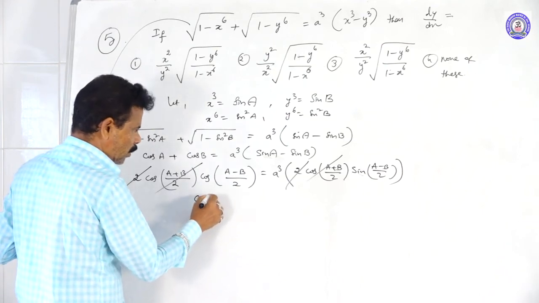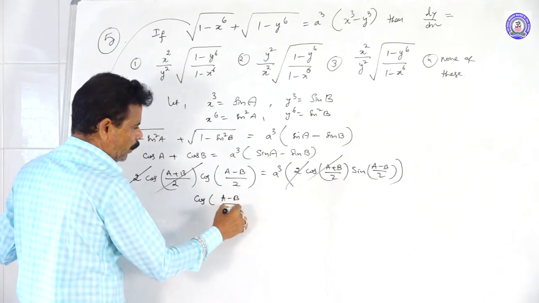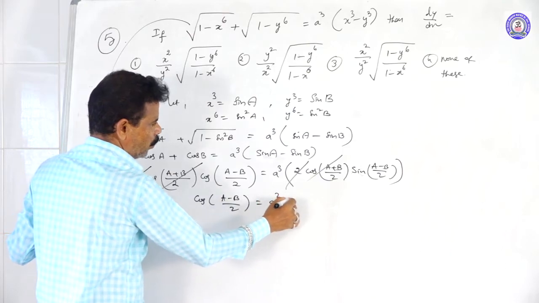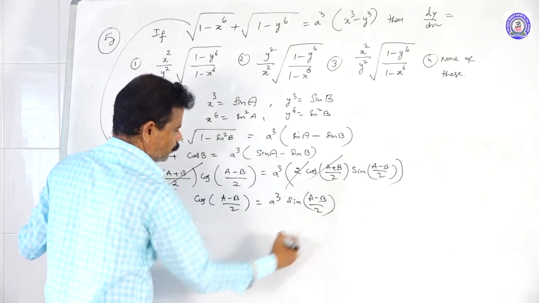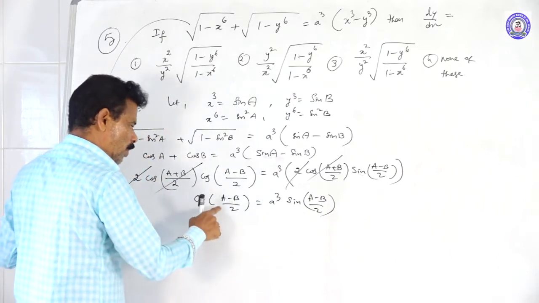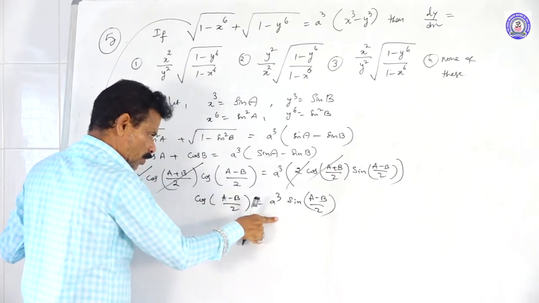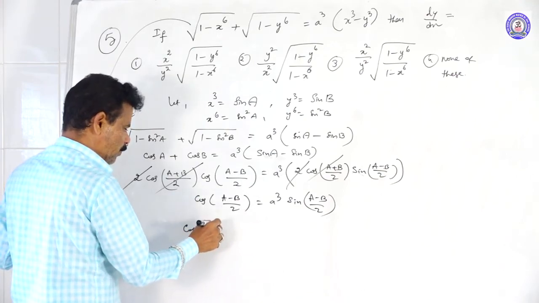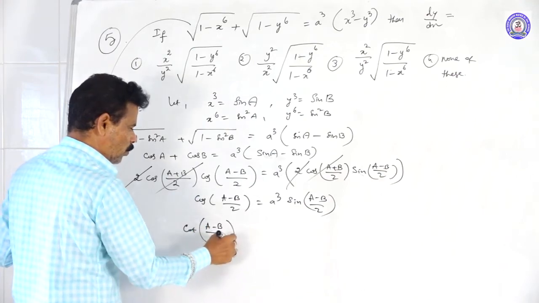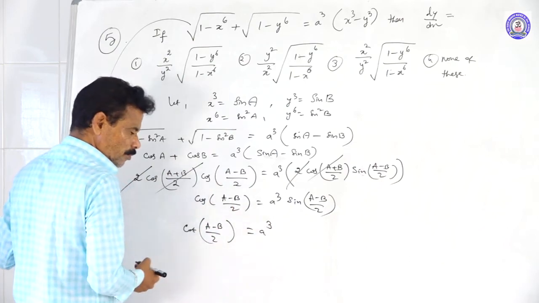So remaining cos of a minus b by 2 is equal to a cube into sin of a minus b by 2. Taking sin to the left side, cos by sin, cot of a minus b by 2 is equal to a cube.